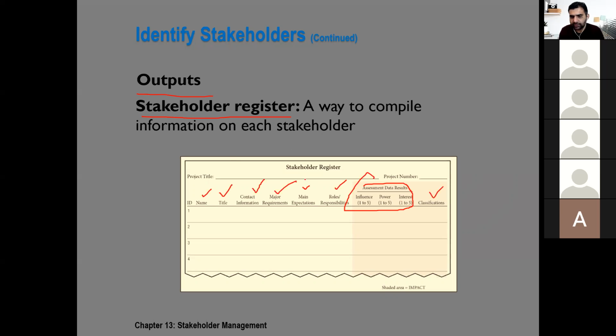Remember, guys, stakeholder register may contain more fields. Those fields might come when you plan for the stakeholders, their communication needs, their expectations, and when you manage and monitor the stakeholders, because it is nothing but a living document, and the initial version is created at the time of stakeholder identification.